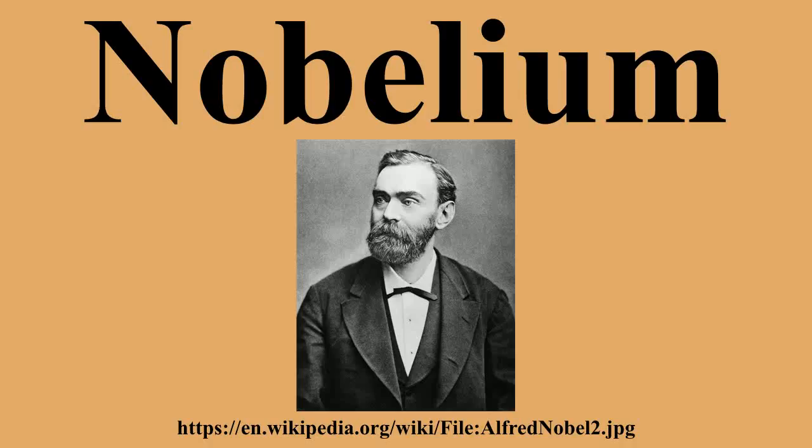Discovery. The discovery of element 102 was a complicated process and was claimed by groups from Sweden, the United States, and the former Soviet Union. The first complete and incontrovertible report of its detection only came in 1966 from the Joint Institute for Nuclear Research at Dubna.